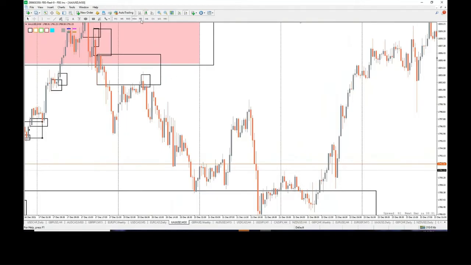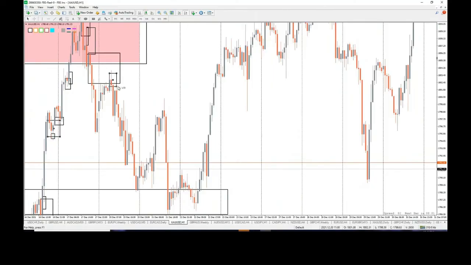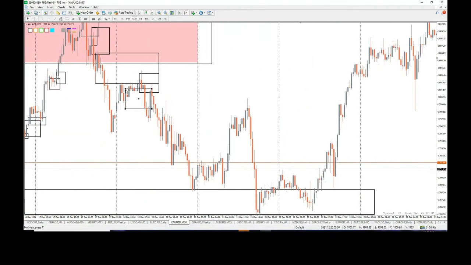And H1 is making one more engulfing, right? This is not engulfing, but it's most probably on the lower time frame, M30. There you go. Boom. This is your next re-entry zone.